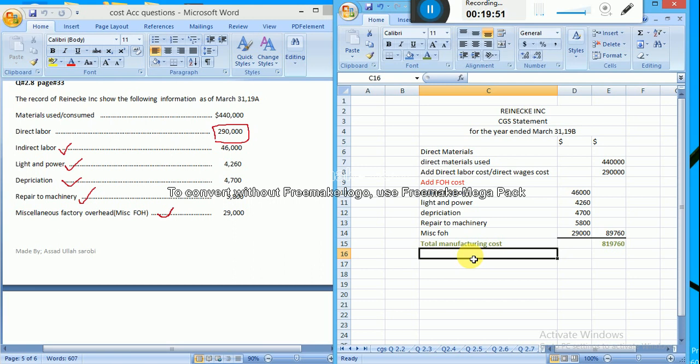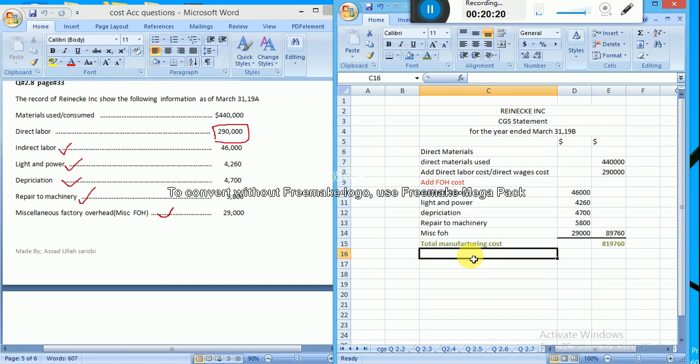Total manufacturing cost means these are the work in process, that on those materials direct labor and factory overhead is also applied. So that is now in the process.